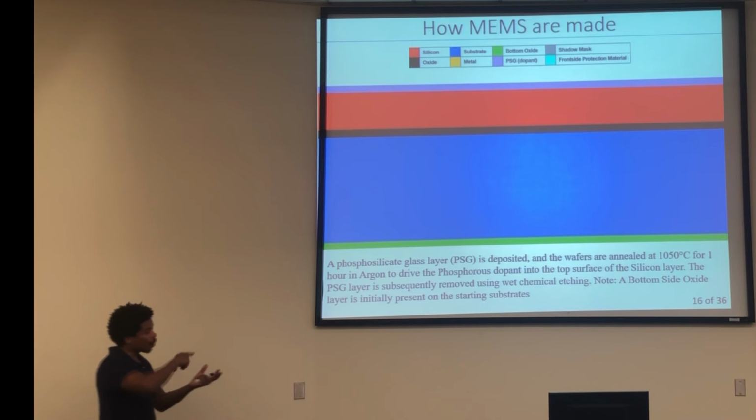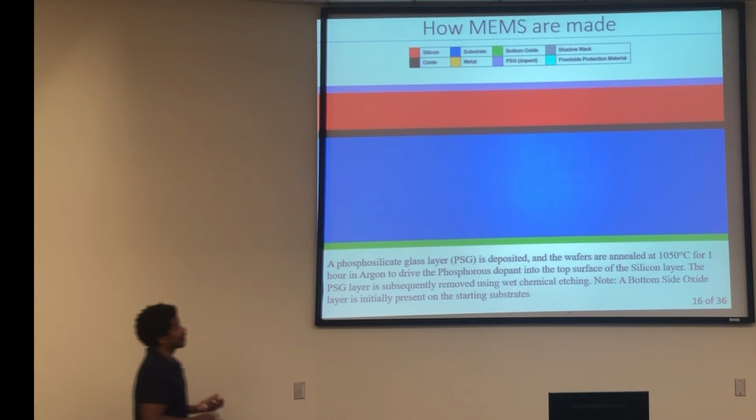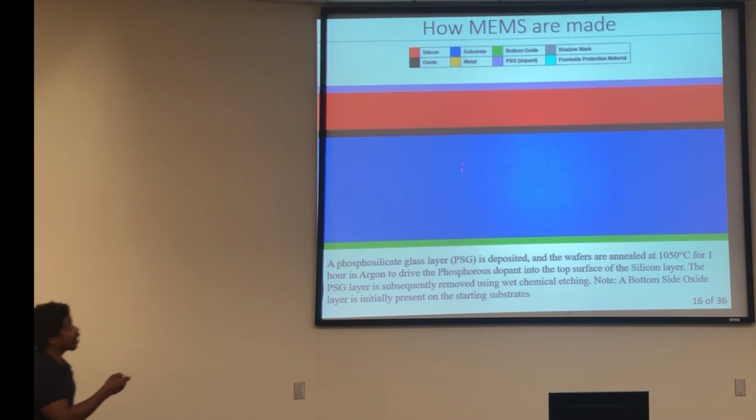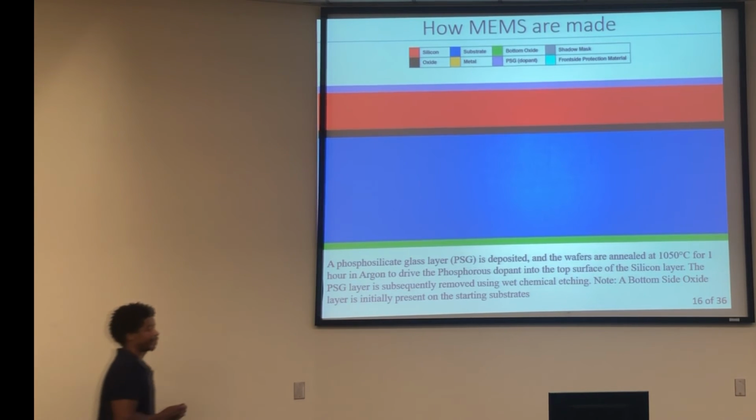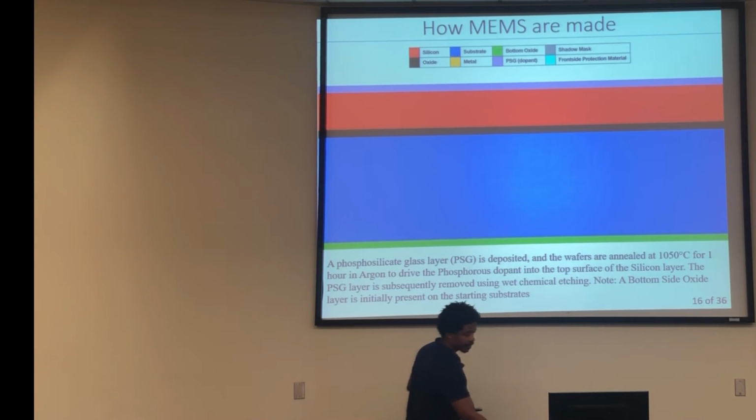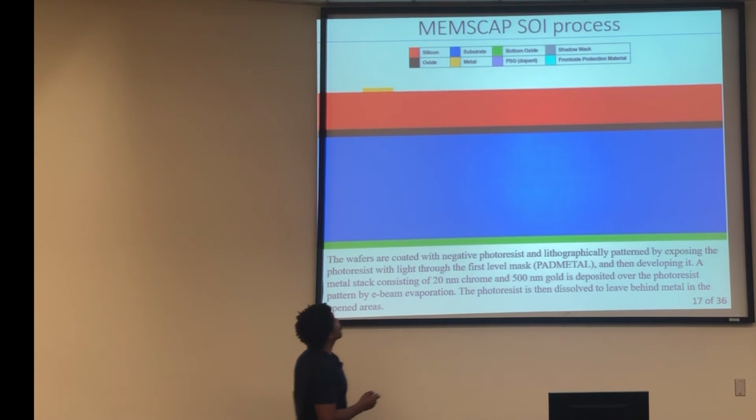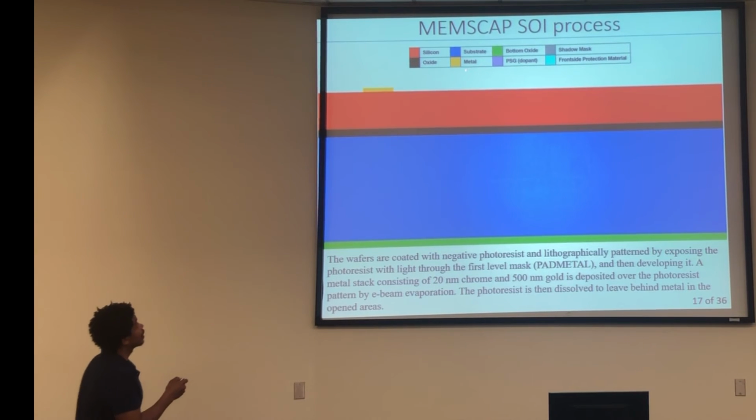Okay, so the whole wafer is covered with these different layers. It's not even to scale. This right here is like 300 microns. Okay, this right here is like 2 microns, so it's not really to scale. So first, what's done is you could deposit some metal, and you do that by applying some photoresist on this right here.